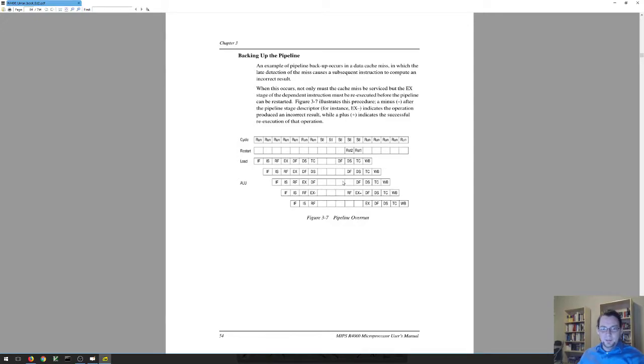So this add instruction here is dependent on this load. The first time it executed just fine, but it produced garbage. Then we needed to rerun register fetch and execute again, this time with the correct data, and then the instruction can complete. So when there are stalls in the R4000, there's this whole complex process that has to happen.